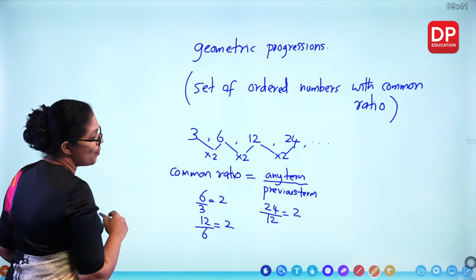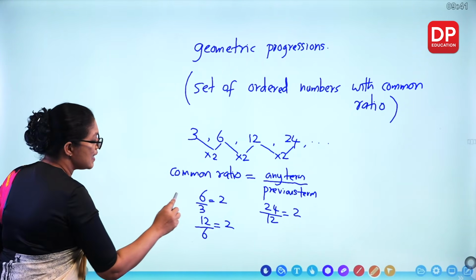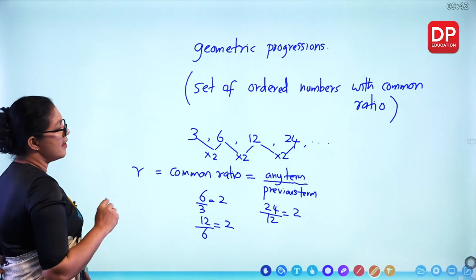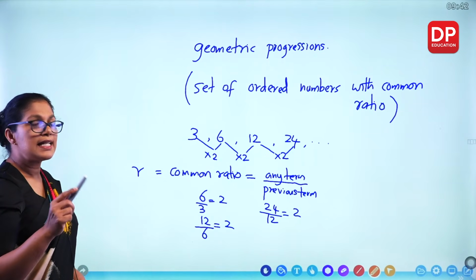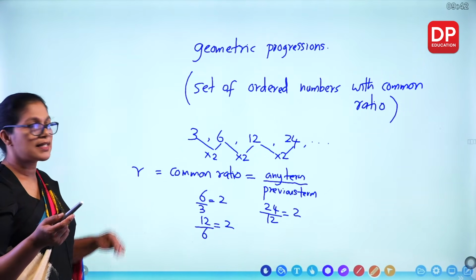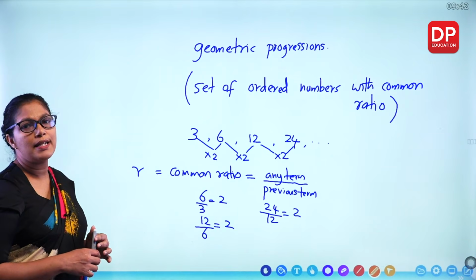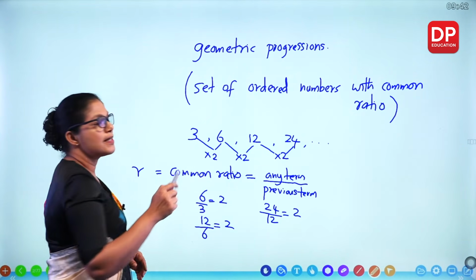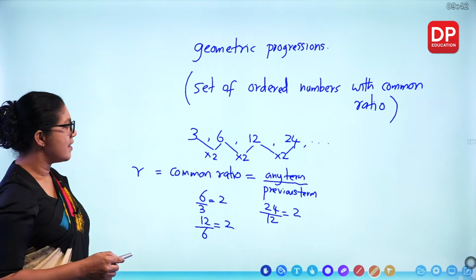We can denote this common ratio using the letter R. In arithmetic progression, we use D. D is the common difference. Now we are using the common ratio as simply R. If we know any consecutive numbers, you can easily find the common ratio.